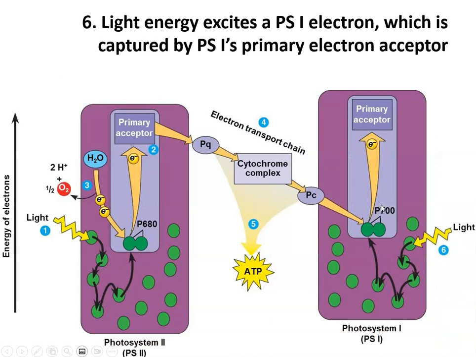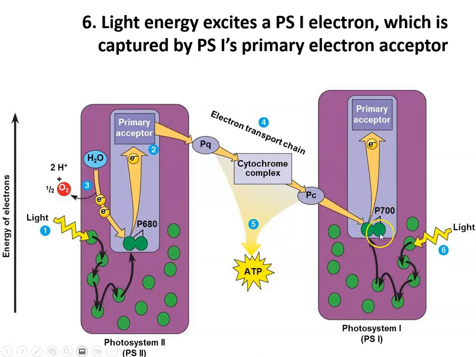Now back to our linear flow of electrons, because they are continuing to flow down that first electron transport chain, ultimately ending up at P700. Now this is the other special chlorophyll A pigment molecule, but it's in photosystem 1. And instead of getting its replaced electrons from water, it's getting its replaced electrons from photosystem 2.